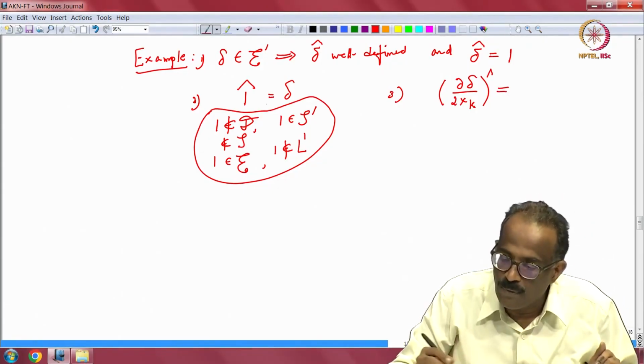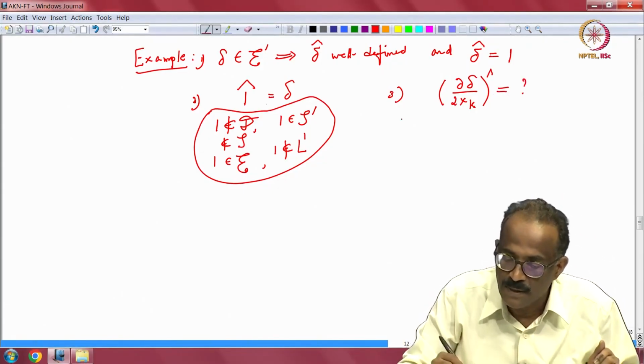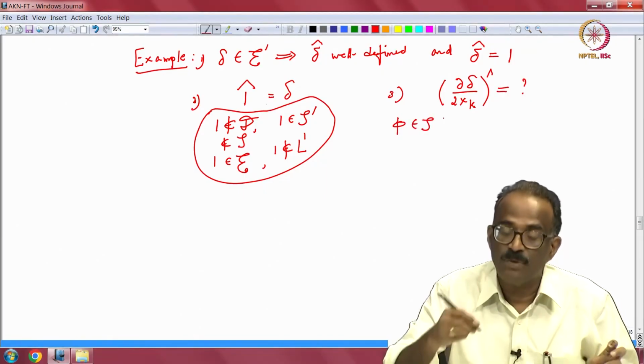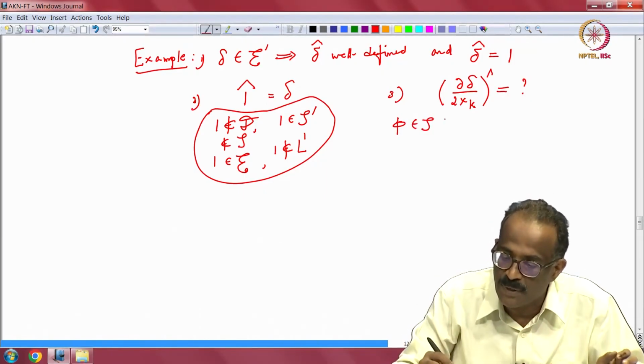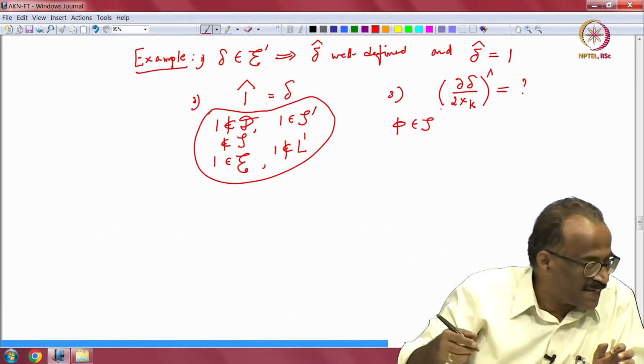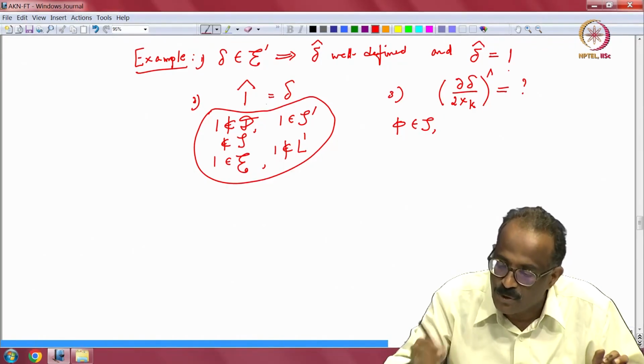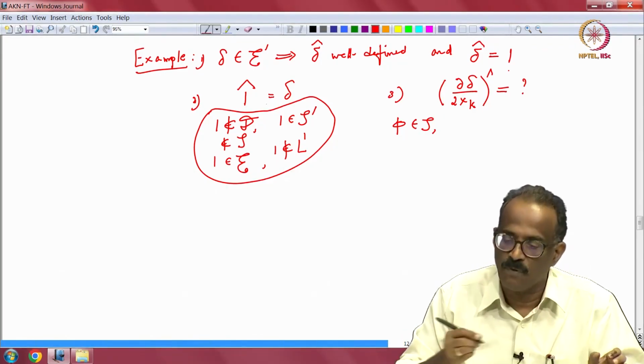So, what is this? That is the question. So, phi in zeta. Because delta is a tempered distribution, all these d delta dxk are all tempered distributions. So, you can define the Fourier transform of all of them.